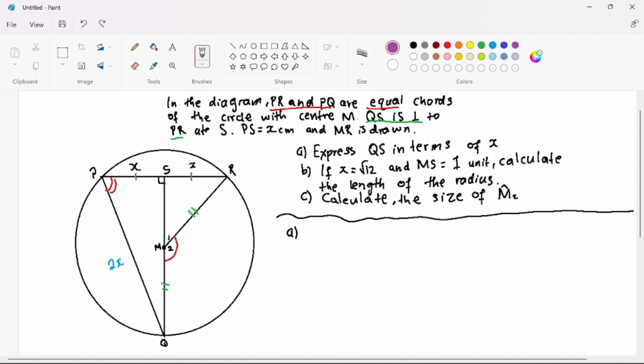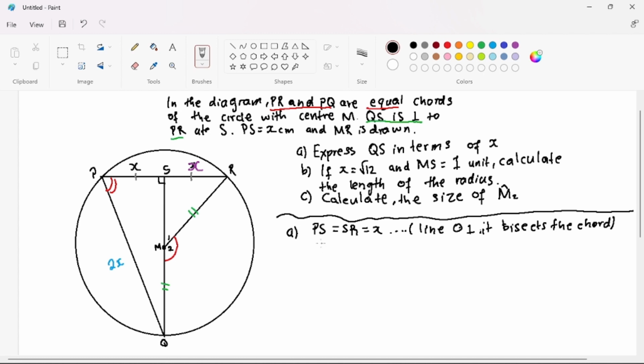Everything that you are adding on your diagram must be in color, guys. You must buy colored pens, right? So you must first tell the examiner that PS is equal to SR, and is equal to x. Our reasoning is going to be the line from the center perpendicular to the chord bisects the chord.